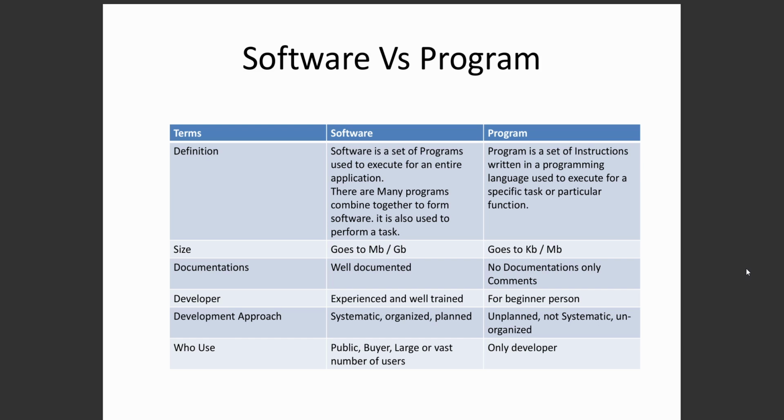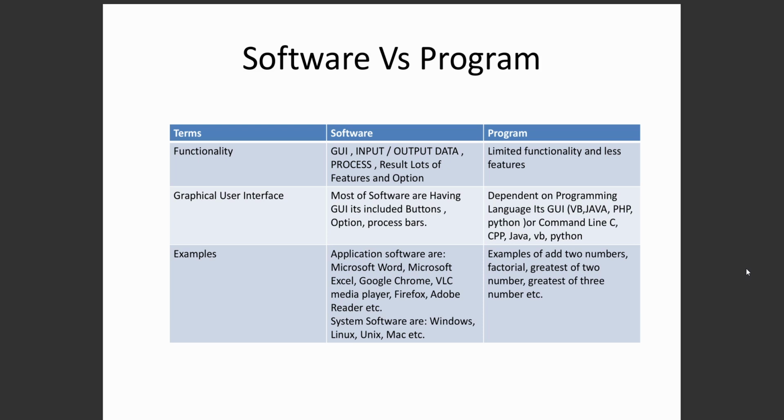Okay, so for software we generally incur cost, so we need to have a buyer, a public domain user or a government organization that is going to use this software. Generally the program is developed for a particular small set of users, maybe the user itself, or maybe a certain small set of audience. Functionality wise, software has much more functionality to give in comparison to the program.